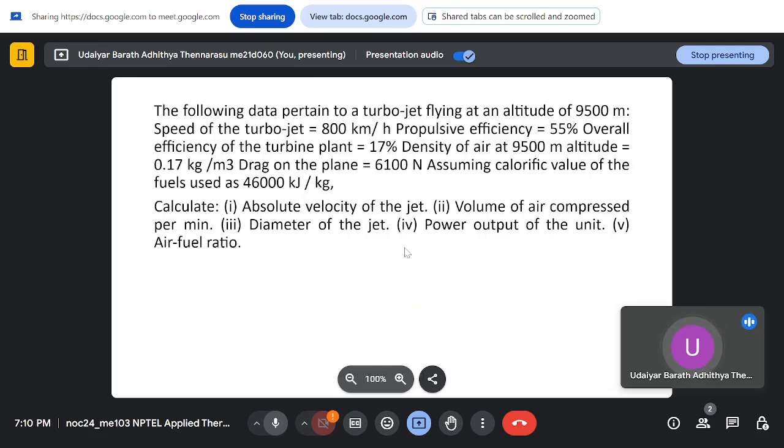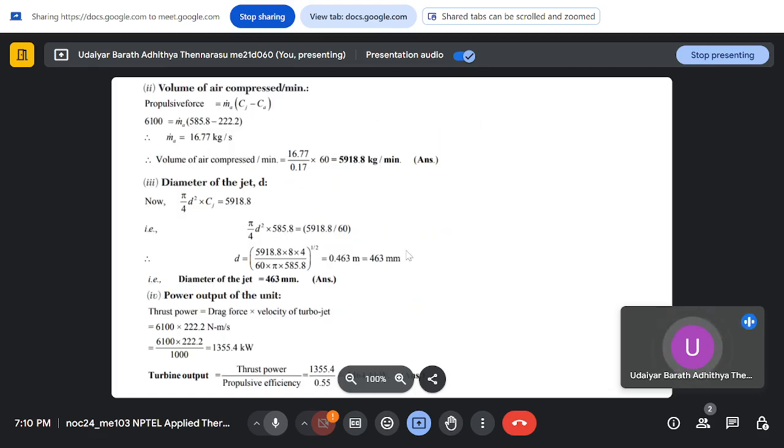Next I need to find out the power output and the air fuel ratio. The power output is the thrust power, which equals drag force into velocity. So thrust power will be the drag force or the thrust which is acting, 6100, into velocity 222.2, Newton meter per second. Divide by 1000 to convert it into kilowatt. This gives me 1355.4 kilowatt.